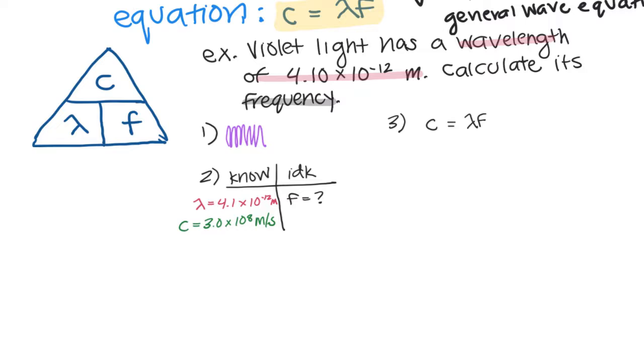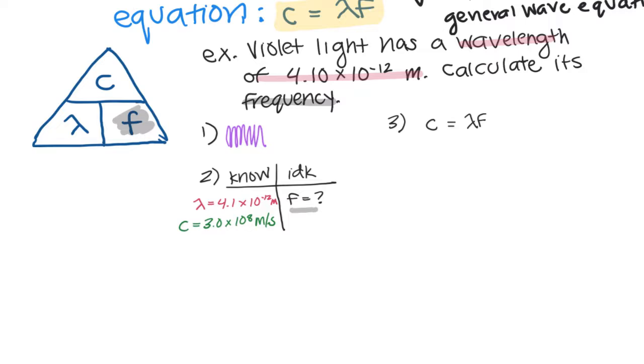Again, we can actually move over to our triangle here. Remember, when we have our triangle trick, we cover up whatever we don't know on the triangle. We don't know frequency at the moment, so with your finger or your hand, you can cover up that thing you don't know on the triangle.